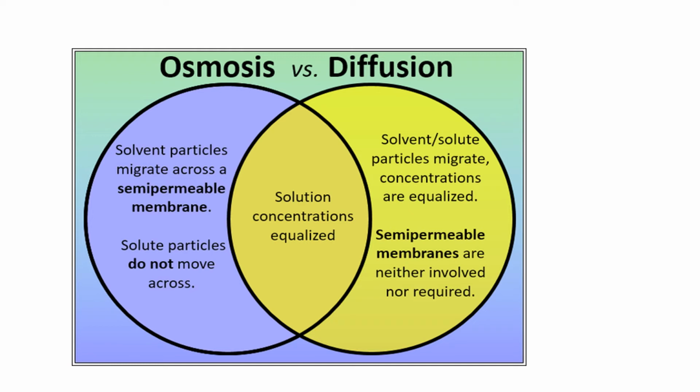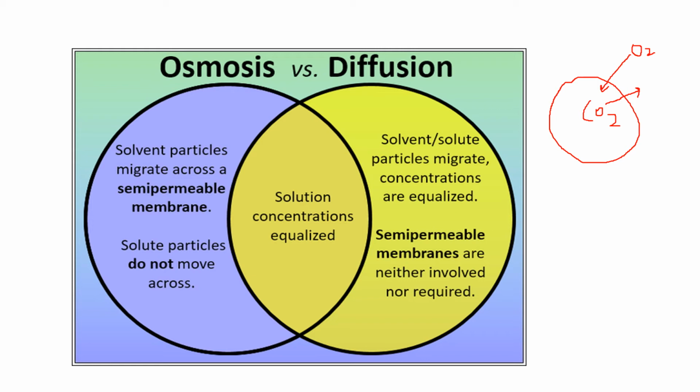And oxygen, which is in higher concentration outside, will move inside. Suppose this is the cell membrane. Carbon dioxide from inside will diffuse outside, and oxygen, which is in higher concentration in the external environment, will move inside. So this is about diffusion.